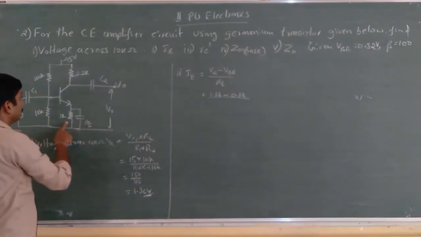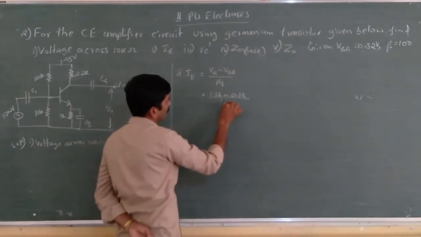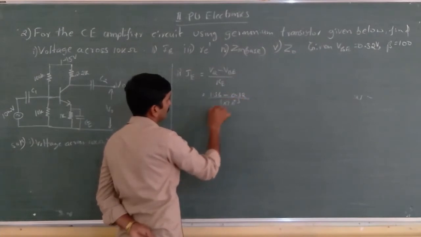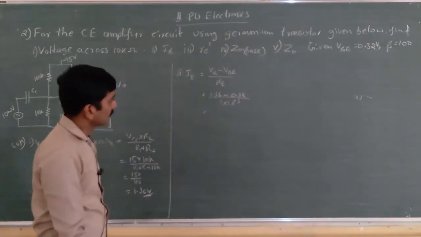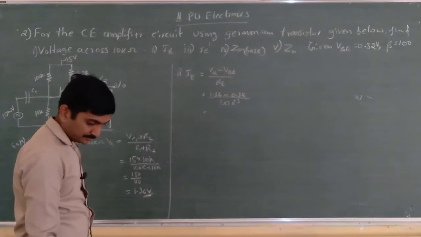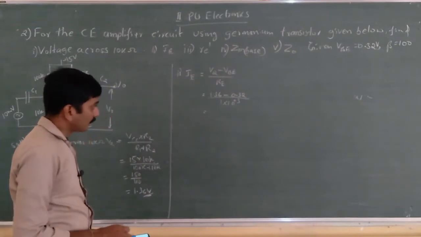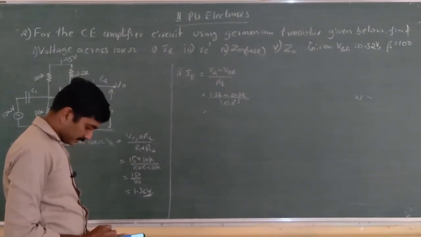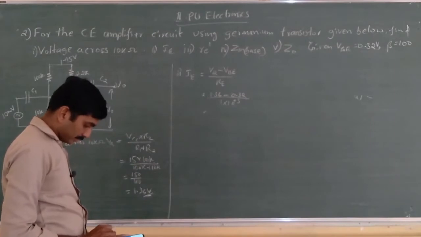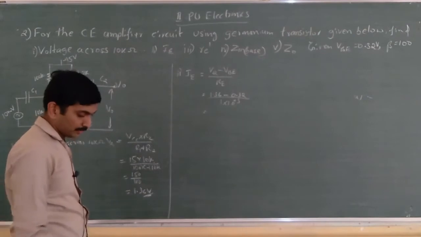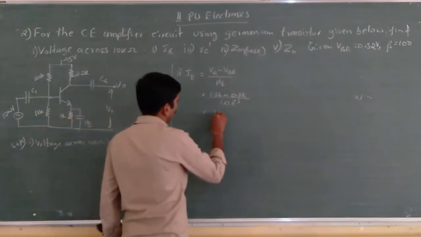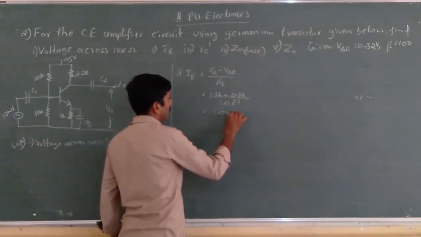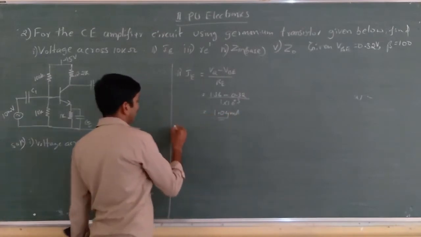RE comes here 1k, 1 into 10 to the power 3. So, the answer is 1.36 minus 0.32 divided by 1k means 1.04 milliampere, that is IE.